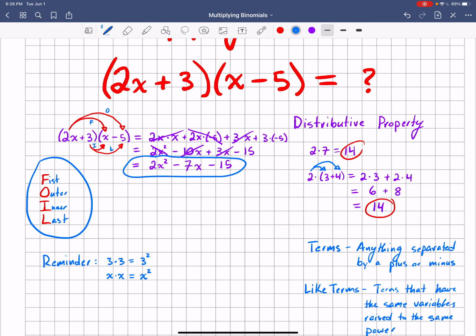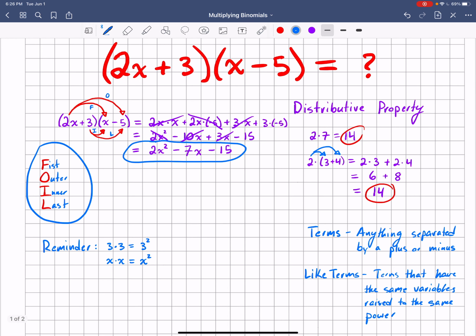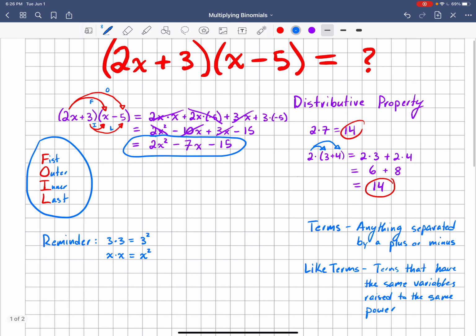Finally, we had to know what the word term means so we could know what it means when we say we need to combine like terms. And combining the like terms was when we took any term with the same variable raised to the same power and we combine those into one term.